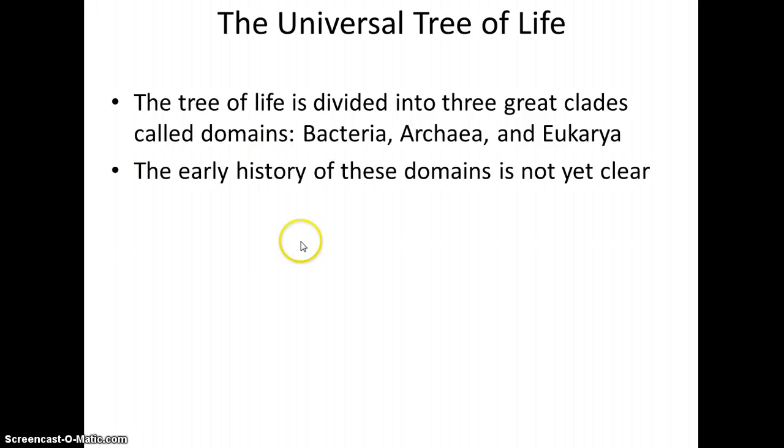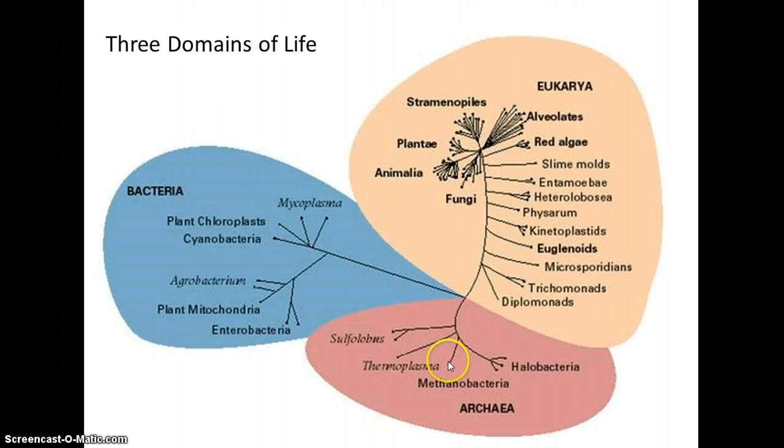Well, another common way of doing this is dividing life into 3 domains: the archaea, the bacteria, and the eukaryotes. Basically, you can see the prokaryotes are split into 2 separate groups here, or 2 separate domains, whereas the eukaryotes are all in the same domain.